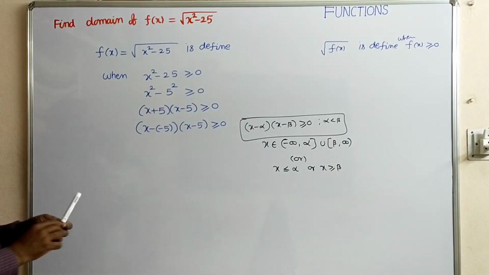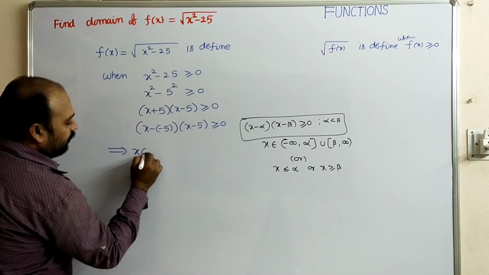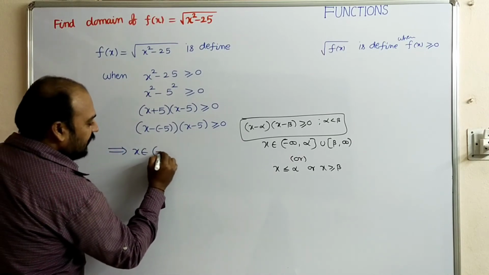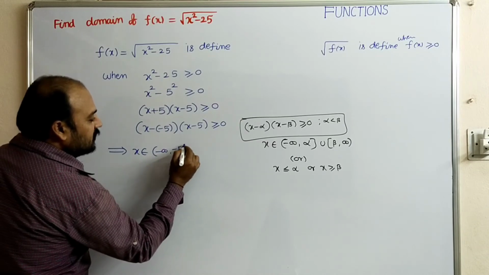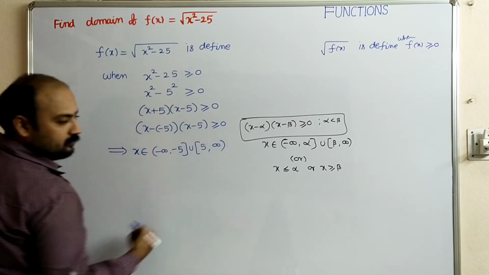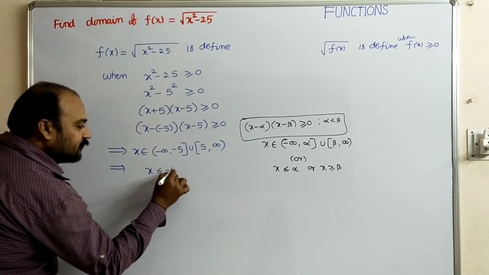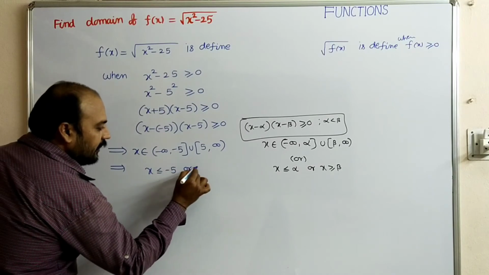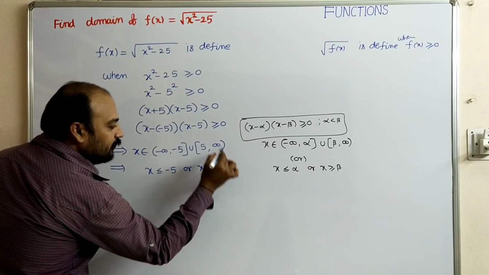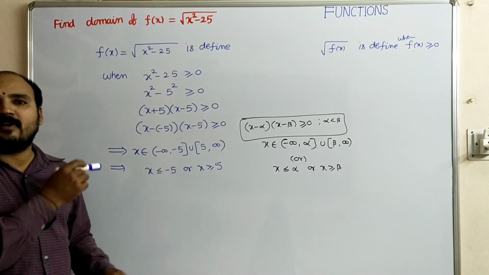So here also, x belongs to open interval of minus infinity to closed −5, union closed 5 to infinity. Or we can write it as x is less than or equal to −5 or x is greater than or equal to 5. This is the domain of the given function.